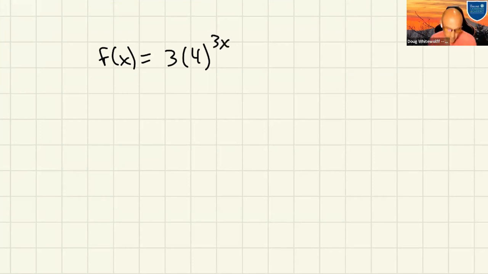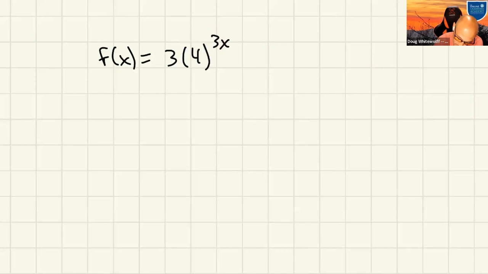What that means is right now it's written with this 3 up here in the exponent. So it makes it kind of confusing, but we can change it by using one of the rules of exponents. And here's how we can change it.